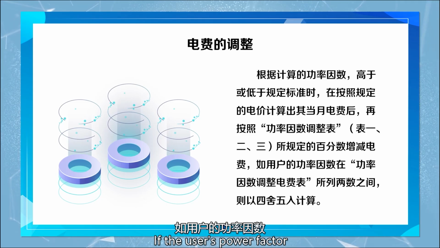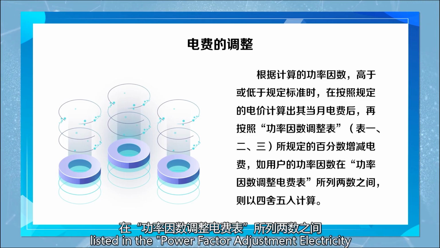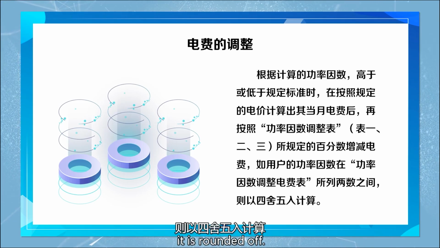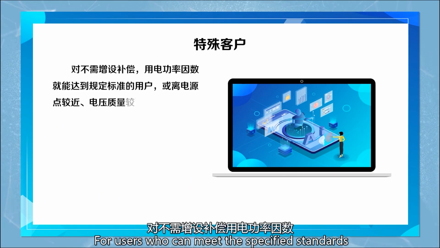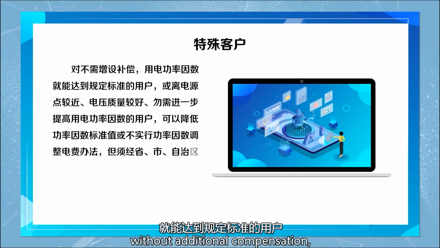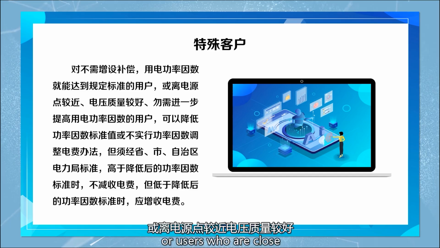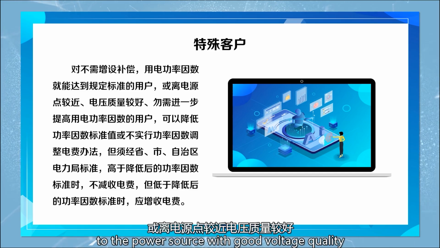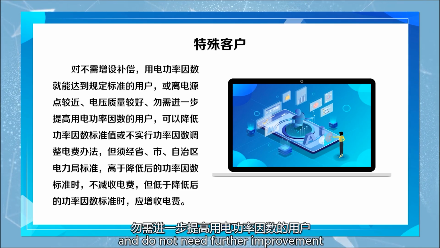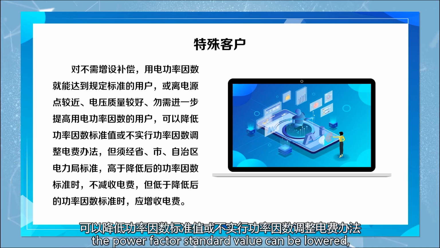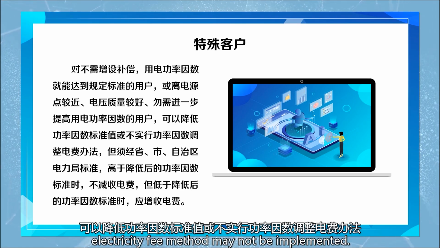If the user's power factor is between the two numbers listed in the power factor adjustment electricity fee table, it is rounded off. Special customers: for users who can meet the specified standards without additional compensation, or users who are close to the power source with good voltage quality and do not need further improvement in power factor, the power factor standard value can be lowered, or the power factor adjustment electricity fee method may not be implemented.